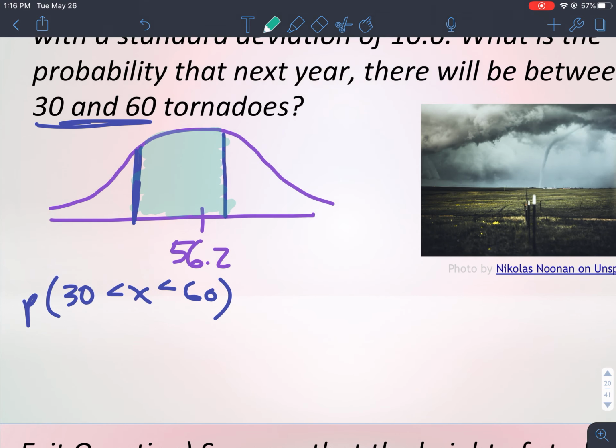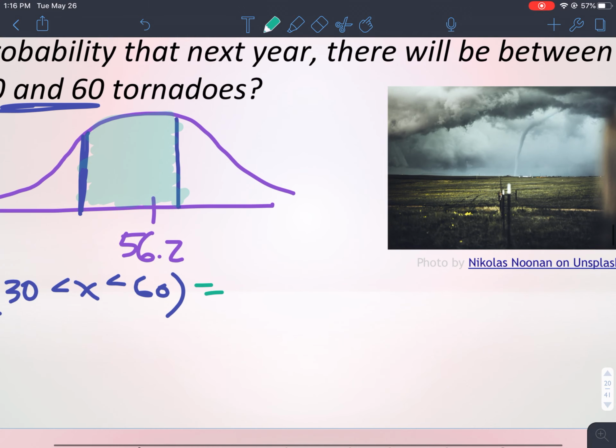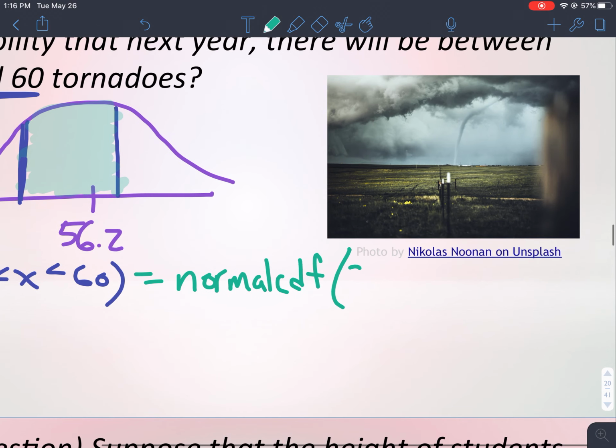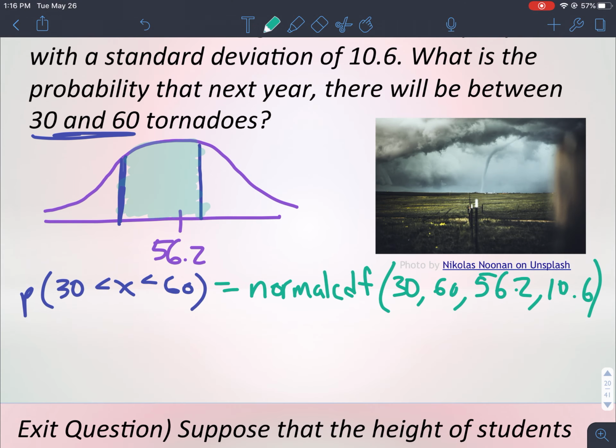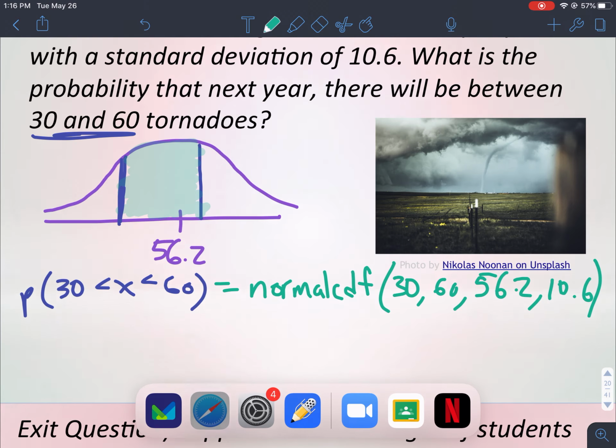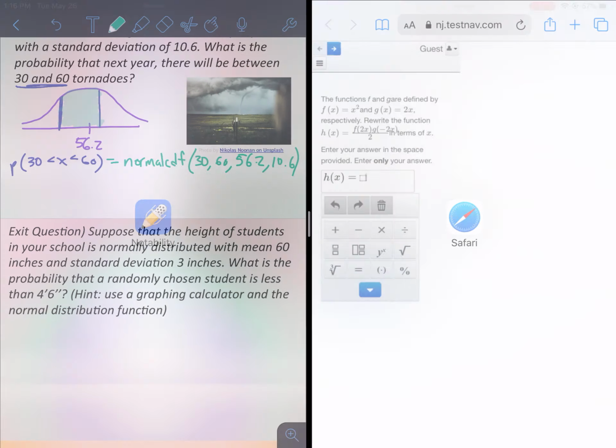And we'll say this is going to be equal to normal CDF from 30, the lower bound, to 60, the upper bound, with a mean of 56.2 and a standard deviation of 10.6. Once again, let's put this into the calculator.